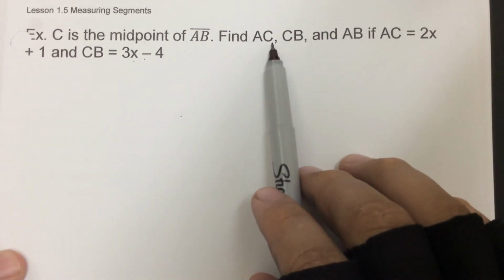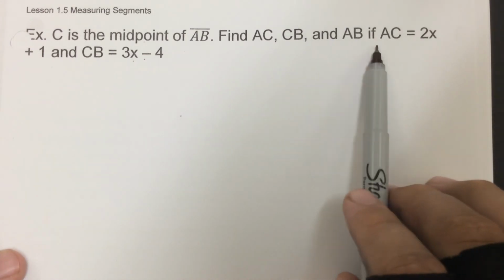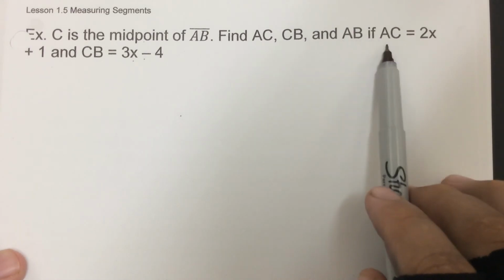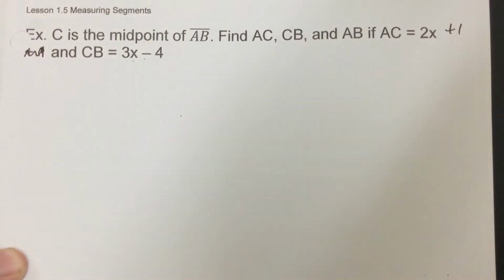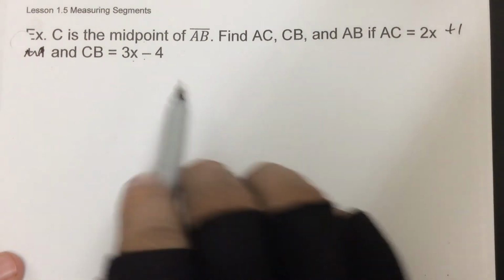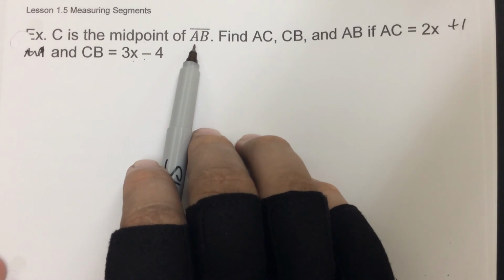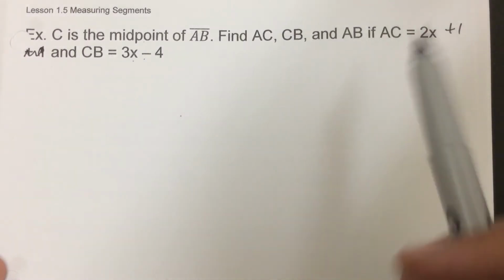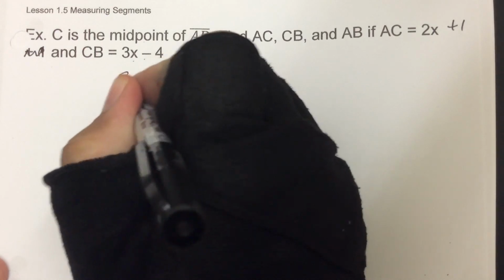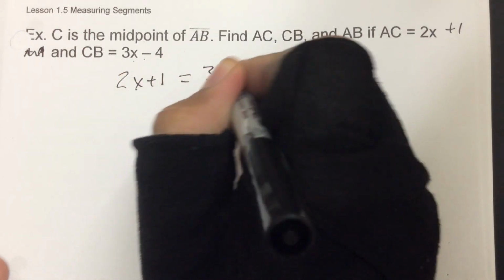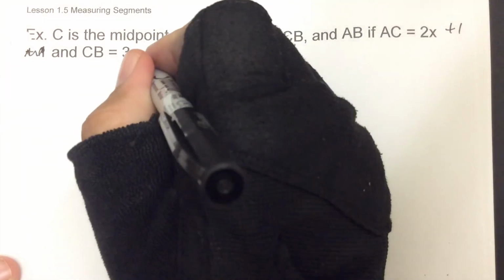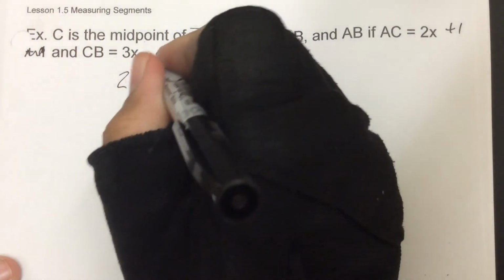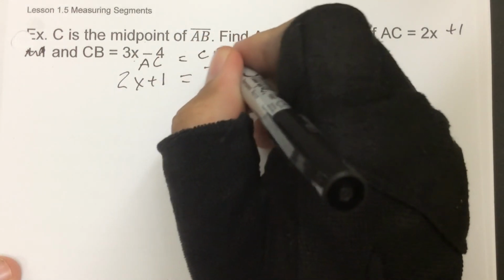So here we're going to find AC, CB, and AB. AC is going to be 2x plus 1, and CB is 3x minus 4. So again, C is the midpoint of AB, so AC and CB would be congruent. So we'll set 2x plus 1 equal to 3x minus 4. So this is AC equal to CB.